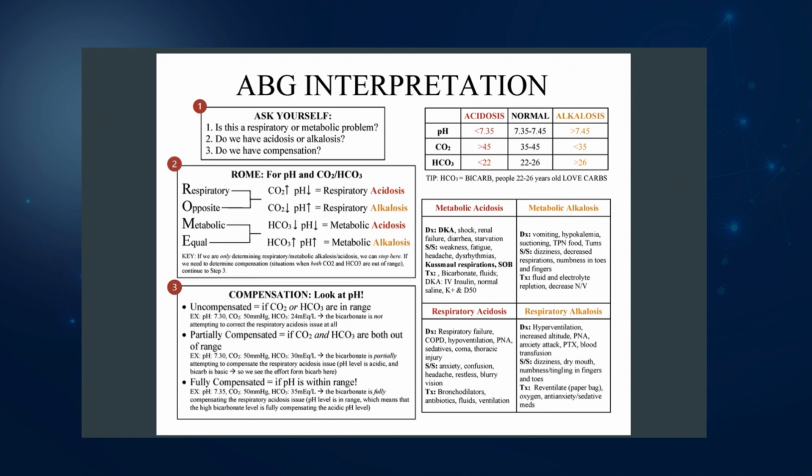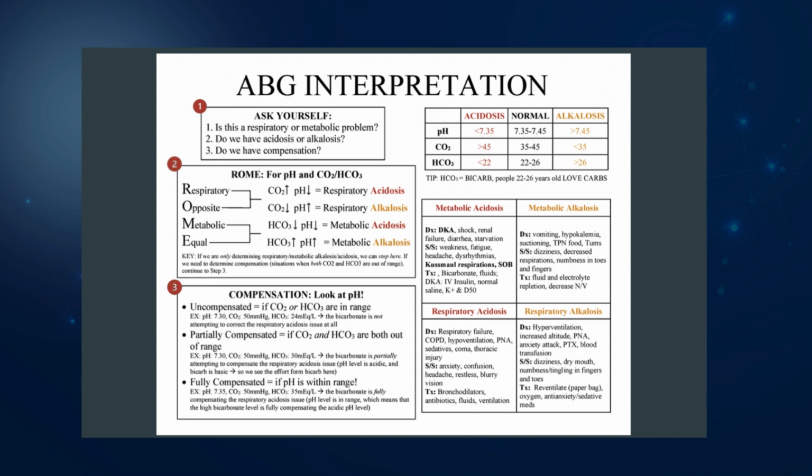One more thing about ABG interpretation that we haven't discussed is compensation. This is where we look at the pH, and if the pH is within the normal range, it is fully compensated. If it is uncompensated, it means that the carbon dioxide or the bicarb are in range.